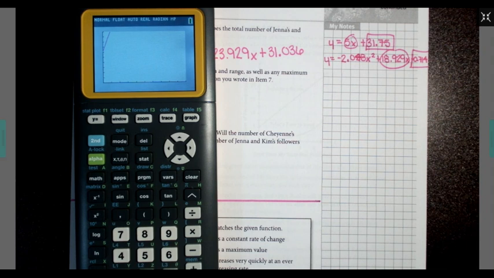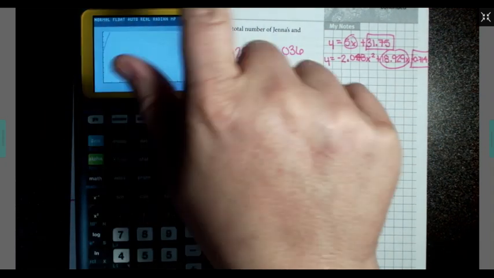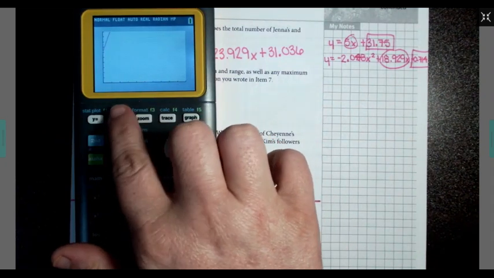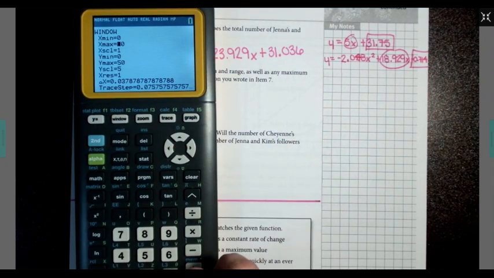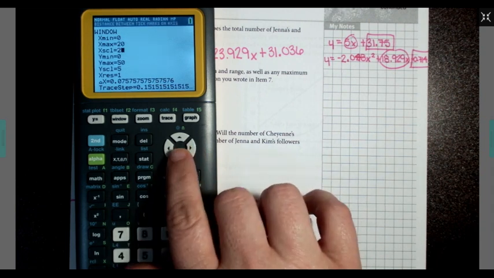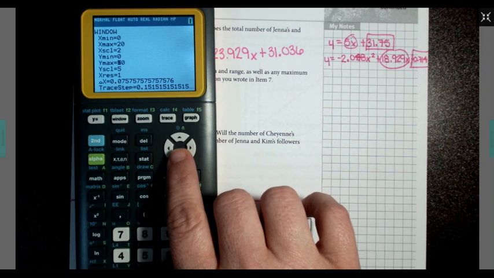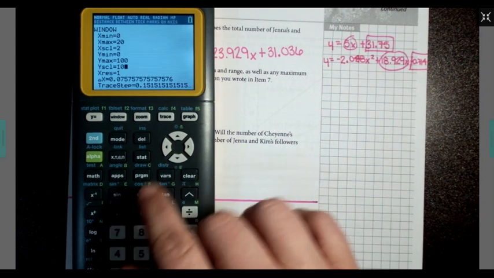I'm going to change the window a little just to make sure that I'm seeing everything, because clearly I'm not. I see that it goes up, but I don't see where it's coming back down. So let's go ahead and change our window. Let's make our X max 20, and this time we're going to count by twos. And let's make our Y max go up to about 100 and count by tens.